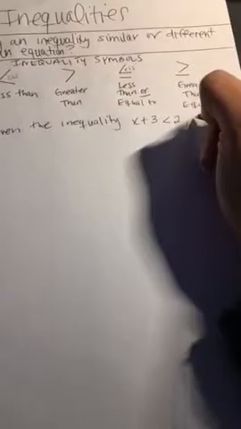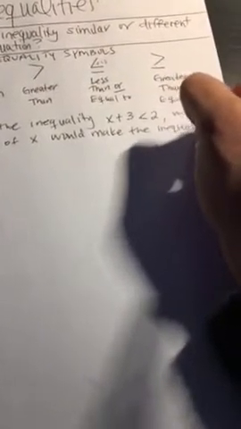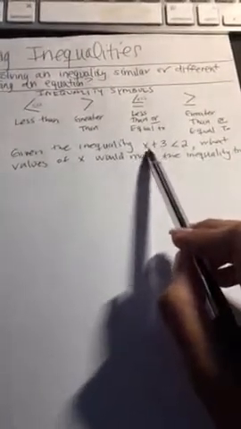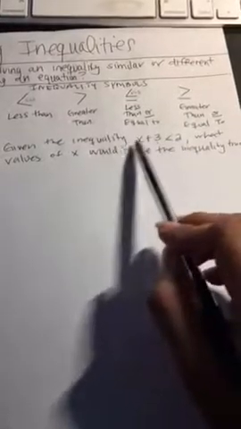I'm just going to ask you guys this question. What values of x would make the inequality true? Okay, so given this inequality, what values of x would make this whole thing true?